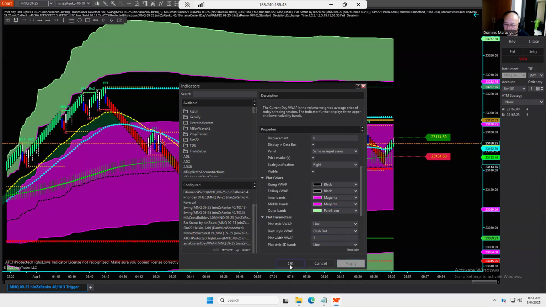Okay, that's better. I'll keep it like that. Middle band is that, inner band.